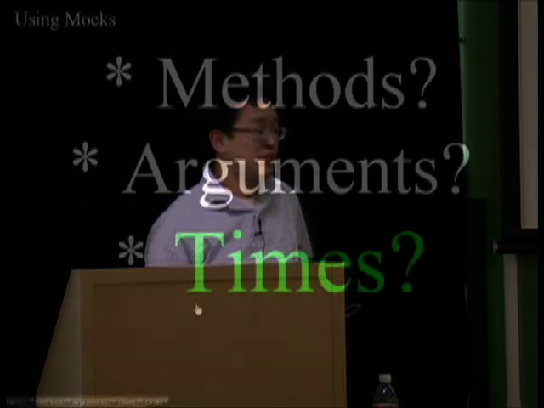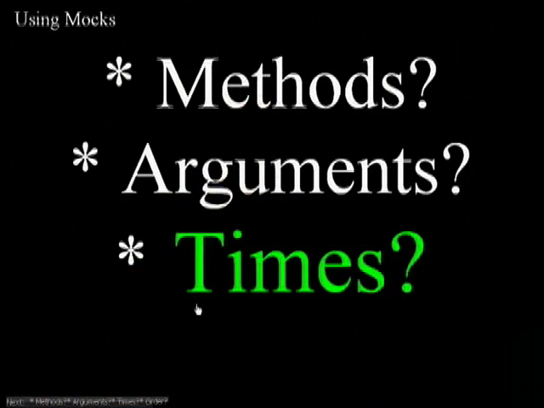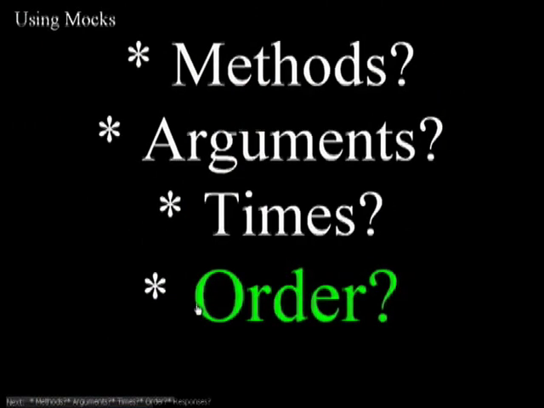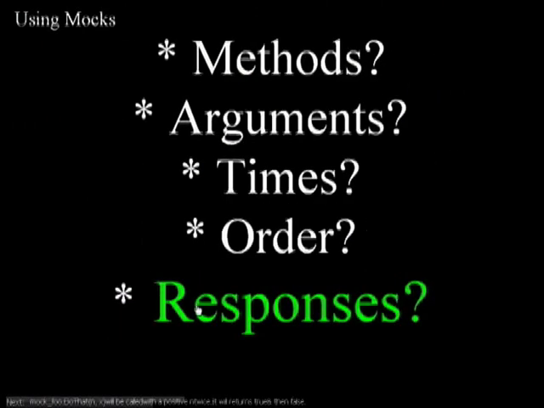In this API, we should be able to say which methods will be invoked, and with what arguments. Also, how many times should a method be invoked? In which order? And what the method should do in response? Those are the important things we want to be able to express, and we want to be able to express them concisely.